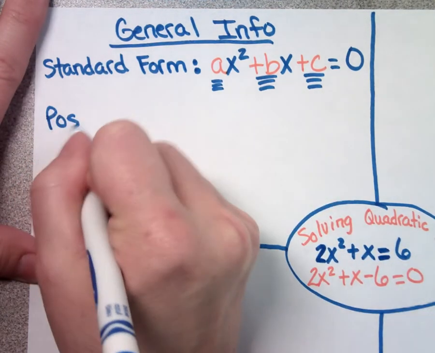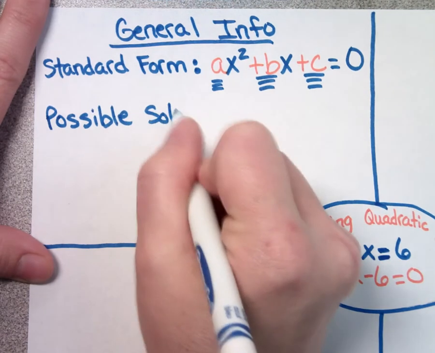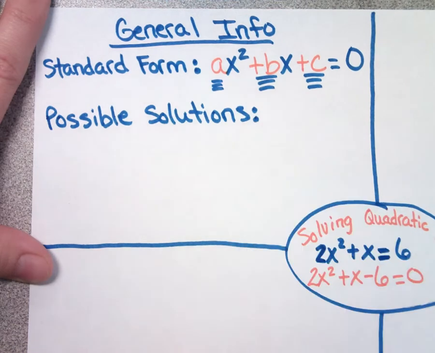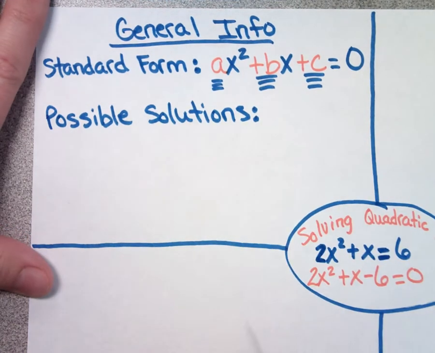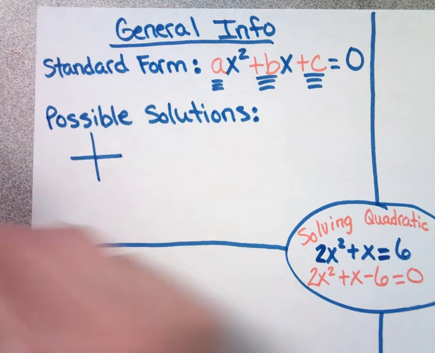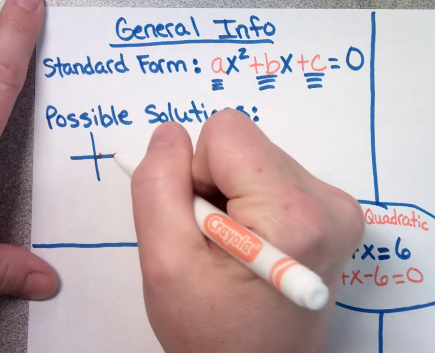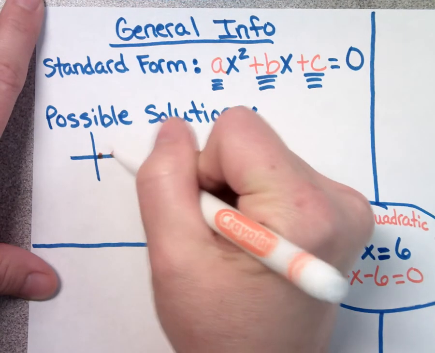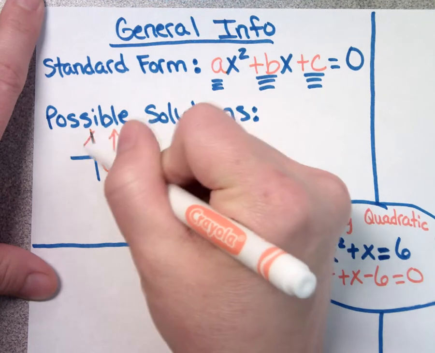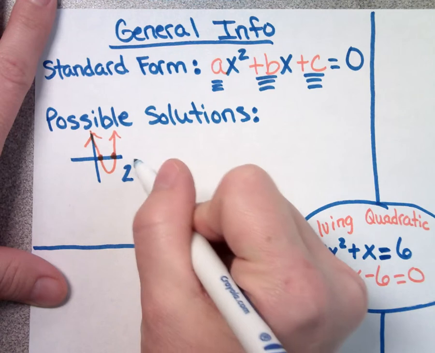And then we haven't talked about this, so now's a good time to talk about it. We have 3 possible solutions that can happen with quadratics. The first one is if a graph touches the x-axis in 2 locations, then we will have 2 solutions.